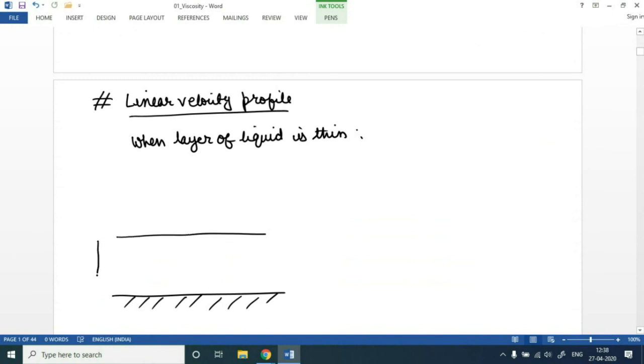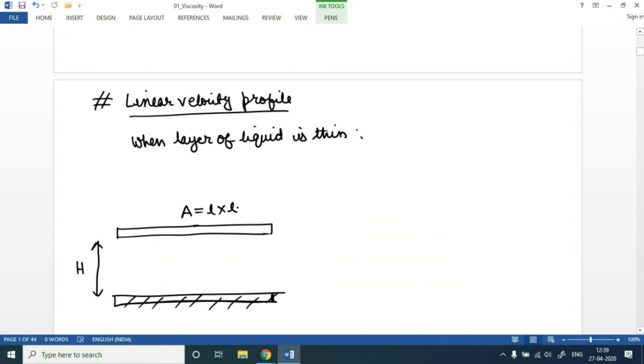Let's say this thin layer height is h. And let's say this is enclosed between two plates, and the area of this plate is A, or the dimension of it is L cross L.